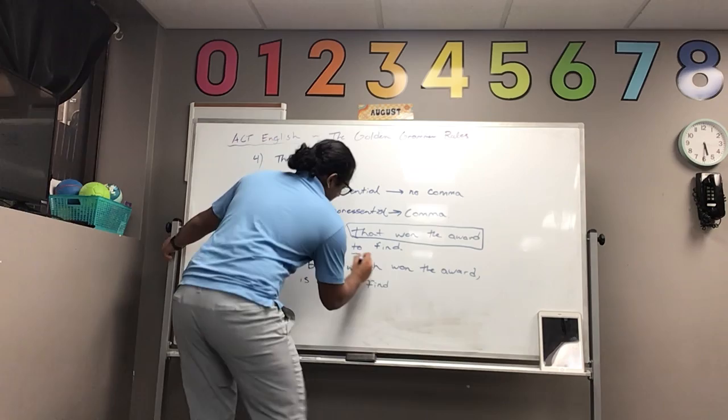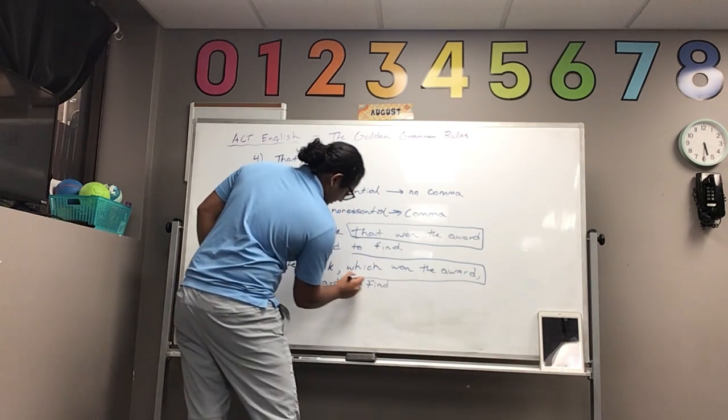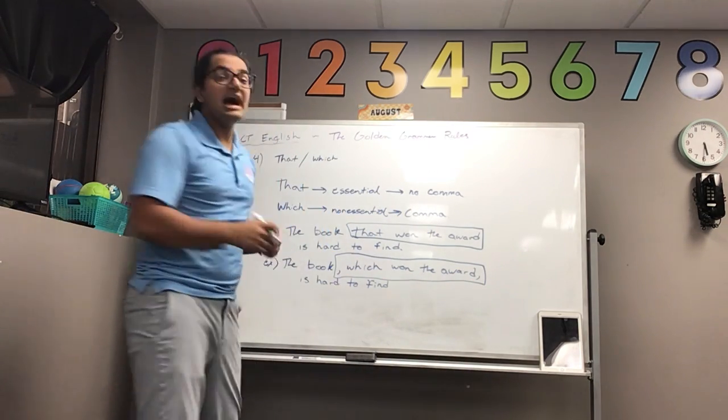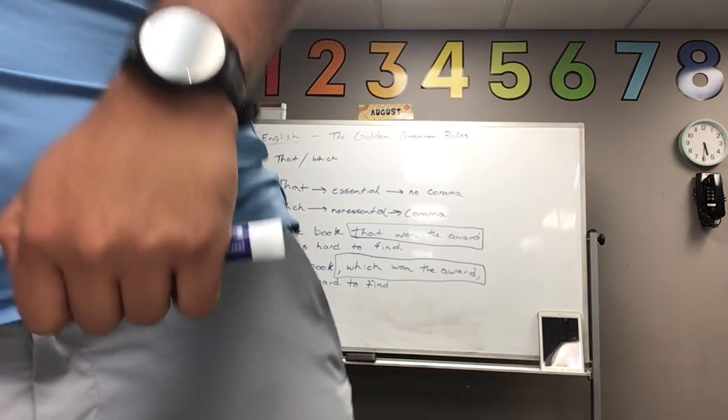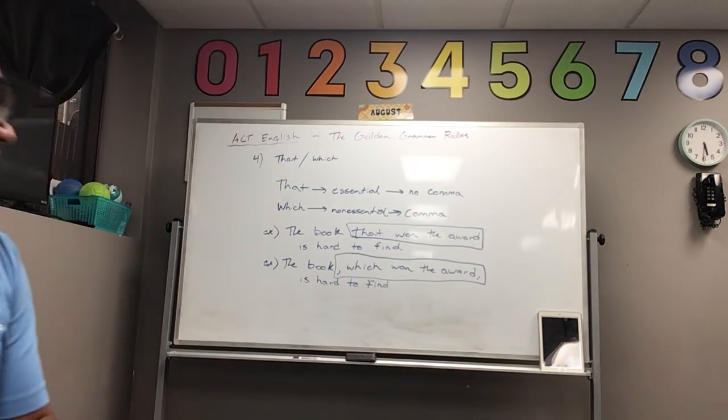I'm going to box in, again, the clause that we're looking at. Now, based on the new situation, this is the correct way to say it. The book, which won the award, is hard to find.